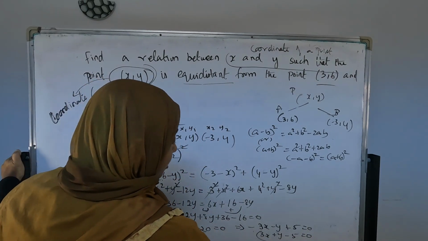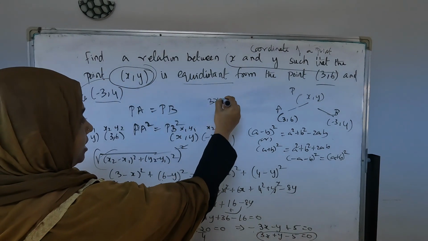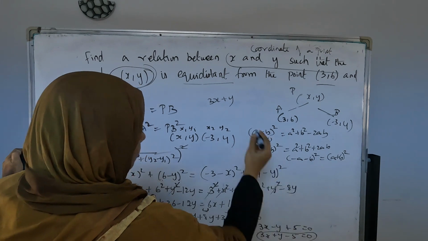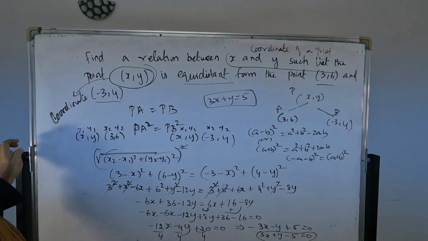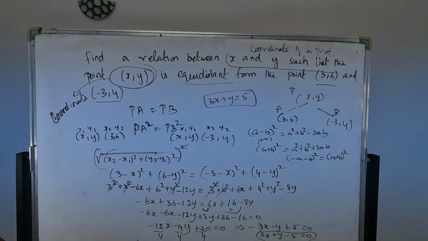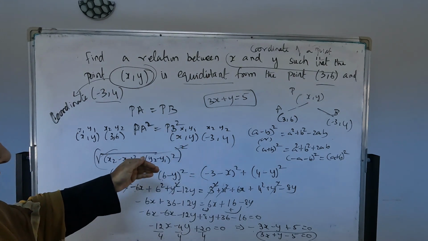This is the relation between x and y. You can write this as 3x plus y, this minus 5, take that to the opposite side, that is plus 5. This is our expected answer. This is the relation between the coordinates of the points which are equidistant. Okay? Practice.